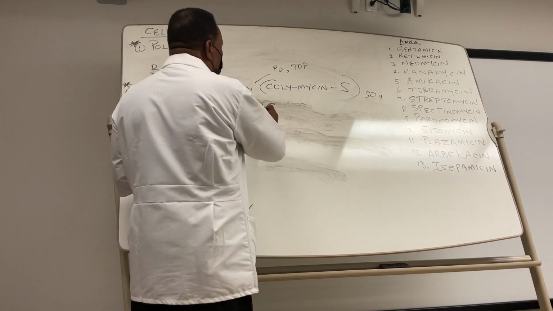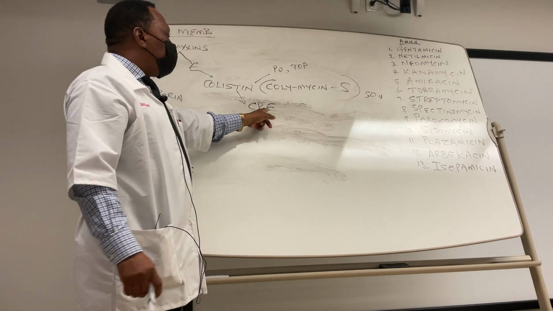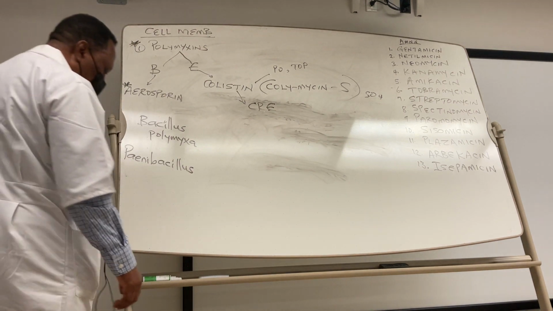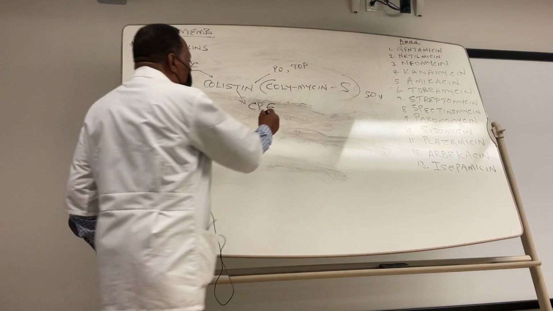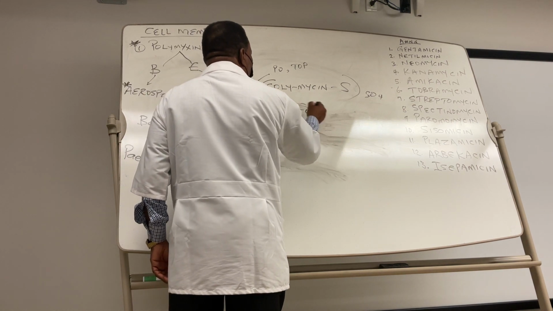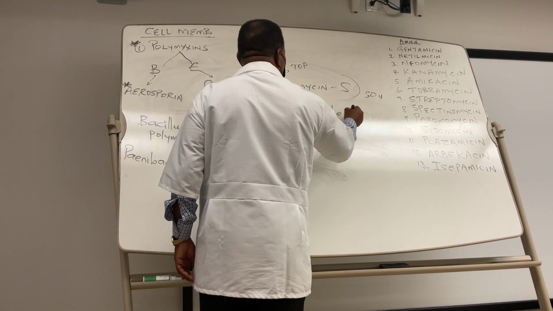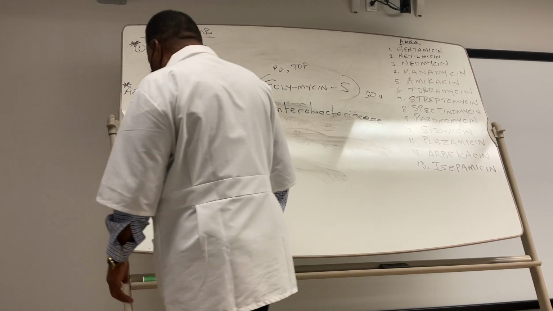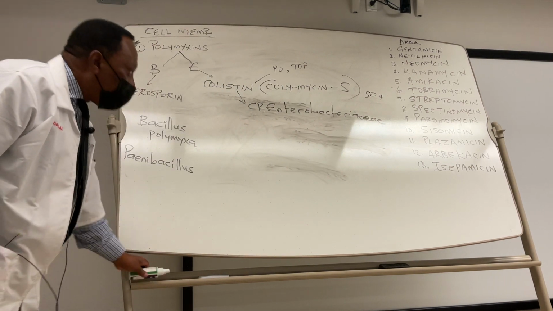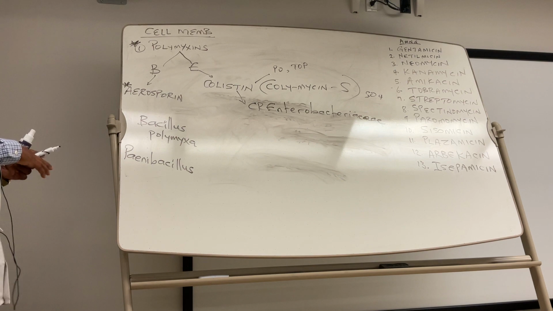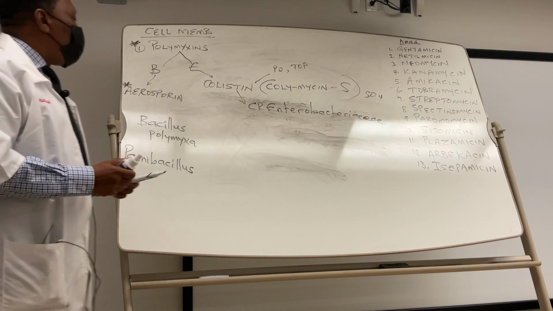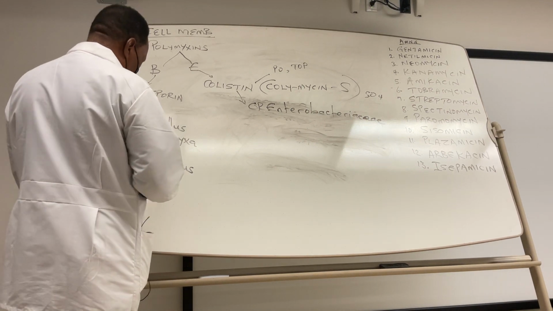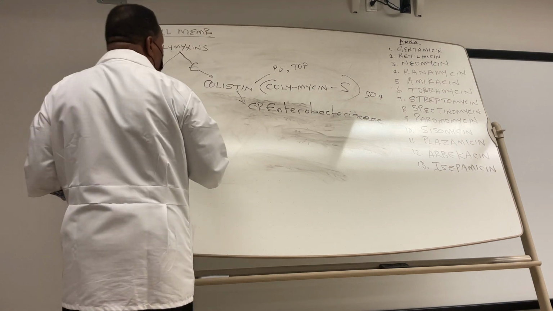So colistin can be used in your carbapenem-resistant Enterobacterales infections, which will be your gram-negative aerobic bacilli that are resistant to the actions of your carbapenems.